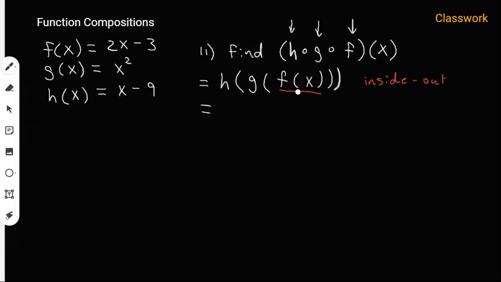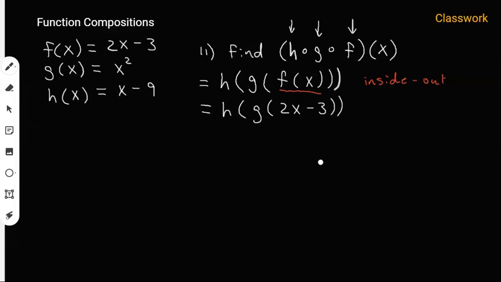So I'm going to replace f of x with 2x minus 3 and see what happens. So I'm going to have h of g of 2x minus 3. And I'll close this up and then close this one up. So now what do we have? We have h of g of 2x minus 3.